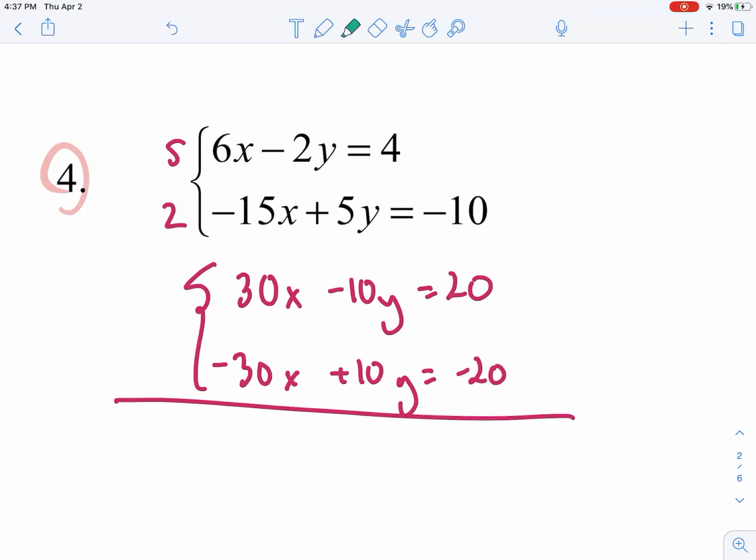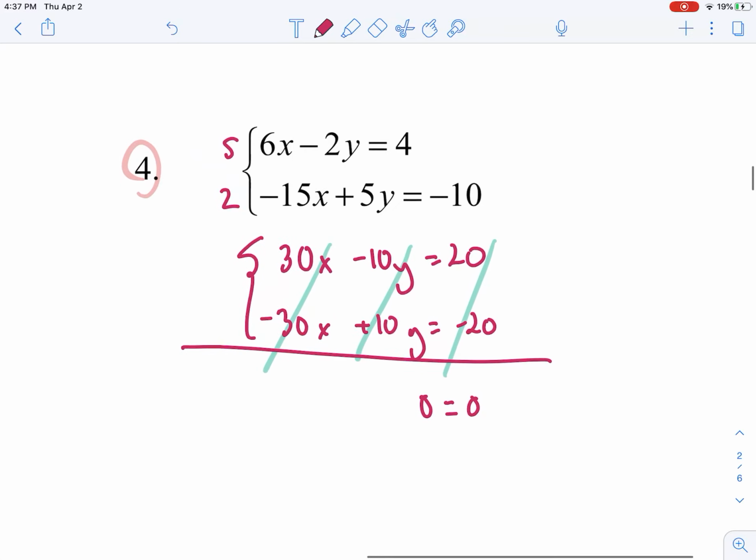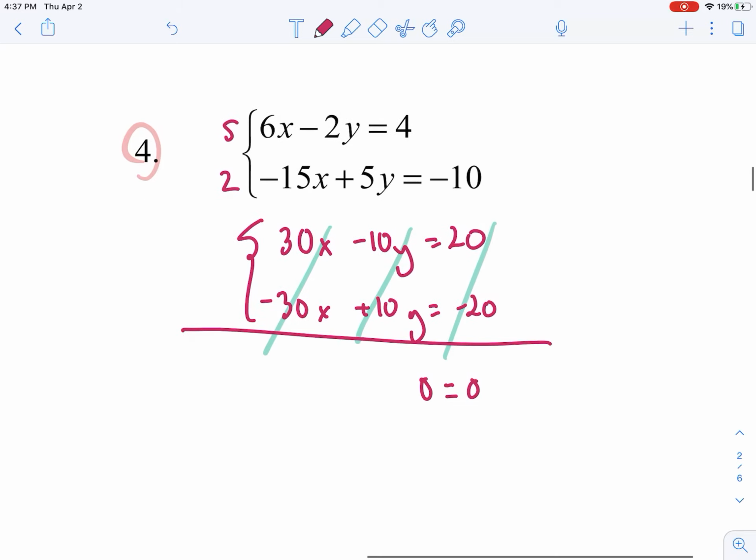When I do, let's see, negative 30 plus 30, and negative 10 plus 10, and 20 plus negative 20, I get 0 equals 0. When is 0 equal to 0? No matter what I plug in for this, it's going to be true because these two are the same line. These are the same line, so the solution is all points on the line.